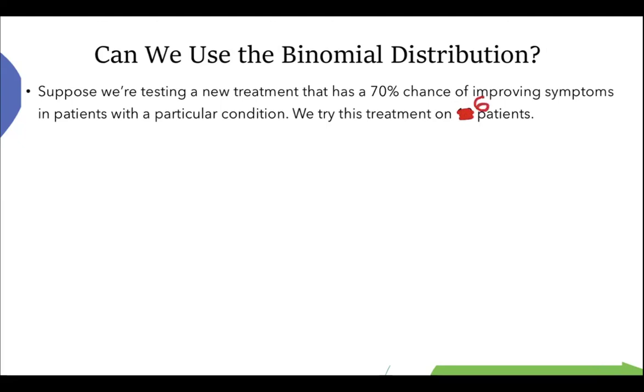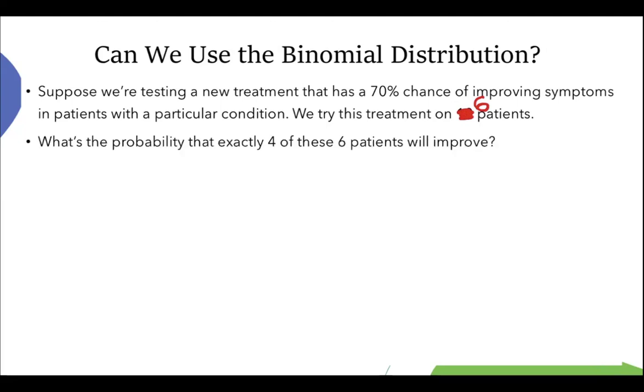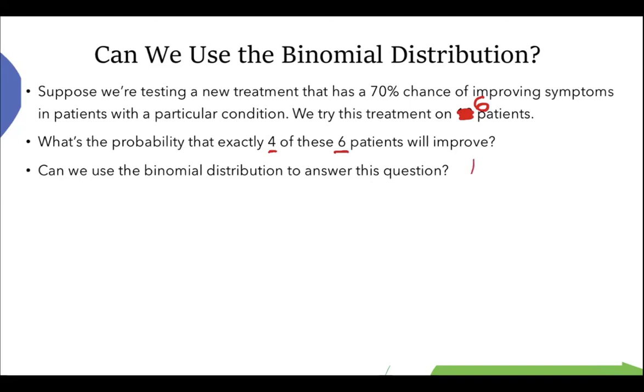Suppose we're testing a new treatment that has a 70% chance of improving symptoms in patients with a particular condition. We try this treatment on 6 patients. What's the probability that exactly 4 of these 6 patients will improve? Can we use the binomial distribution to answer this question?